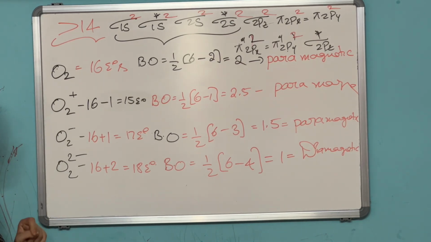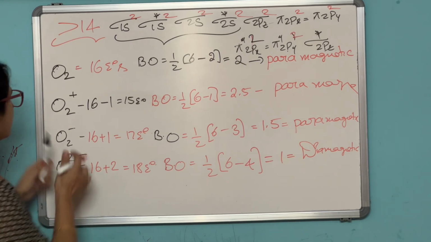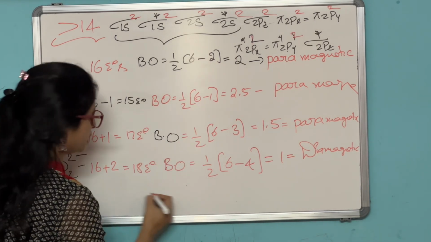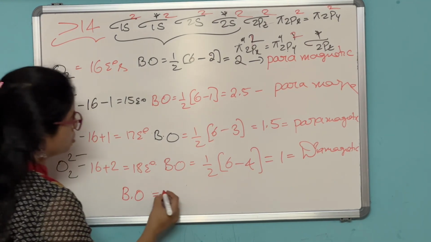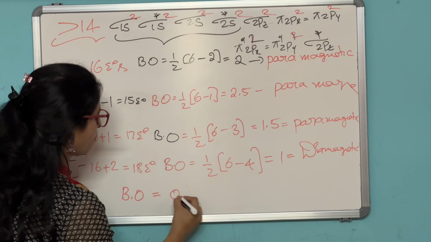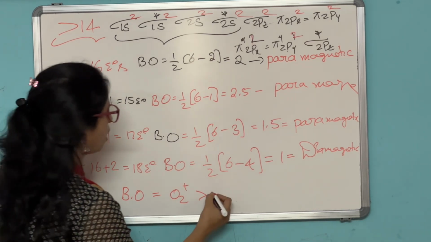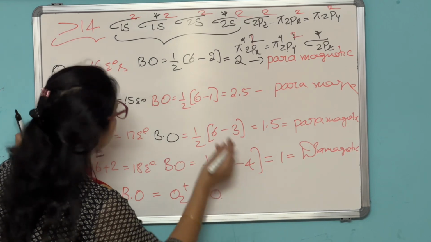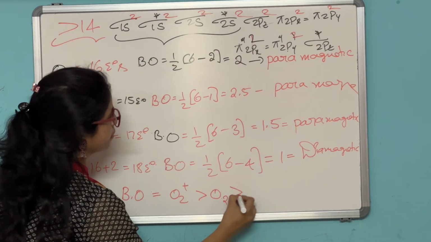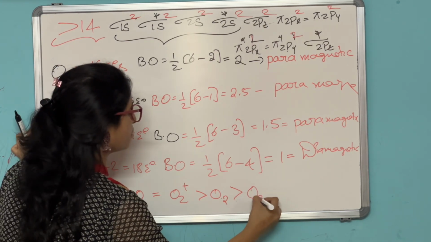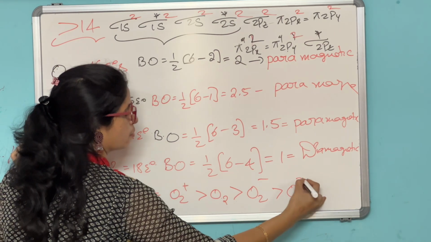Now, by looking at the bond orders, you write down the stability order for oxygenyl ion, oxygen, superoxide and peroxide. O2 plus is greater than O2, after that O2 minus, and then O2 2 minus.